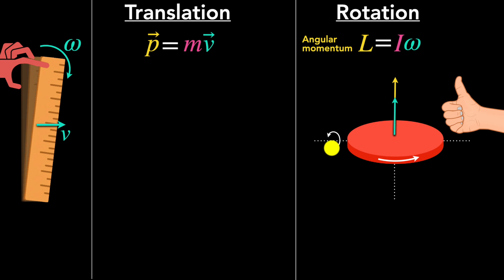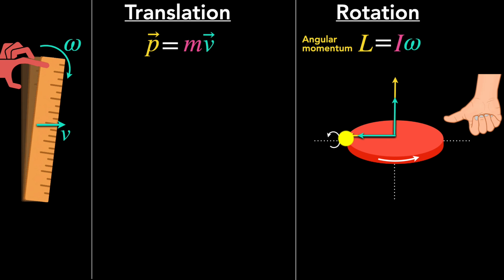So what will be the direction over here? Well, again, we use our right-hand rule. We make sure that our four fingers are curling in the direction of rotation. So over here, we have to curl it this way, and so the angular velocity will be to the left. And so in this particular case, the angular momentum will also be to the left.